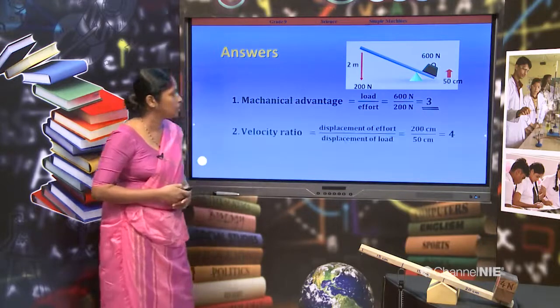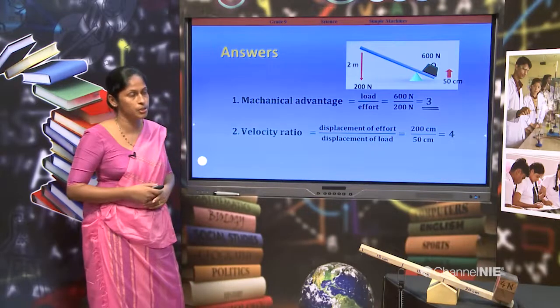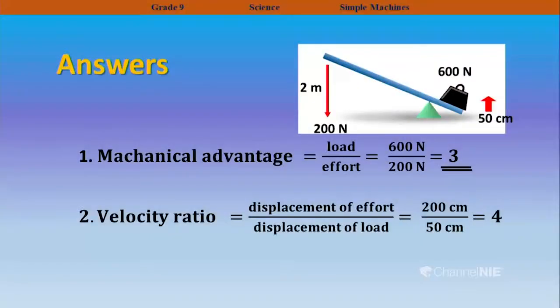Next, my question was velocity ratio, and I think you can remember velocity ratio is displacement of effort divided by displacement of load. Here, for ease of calculation, I convert 2 meters to centimeters, and 50 centimeters is the displacement of the load.